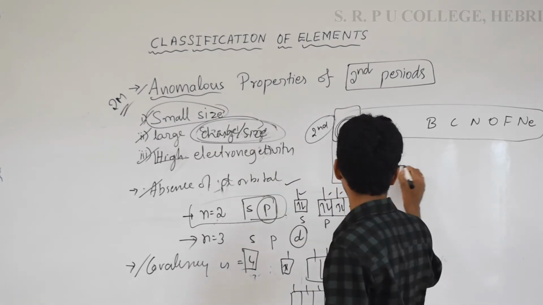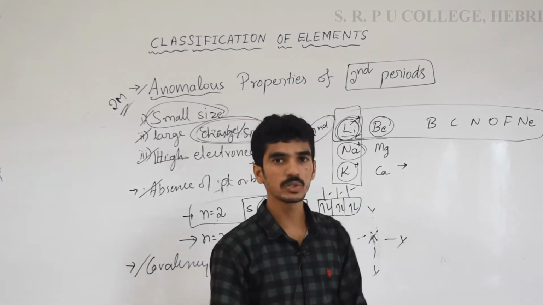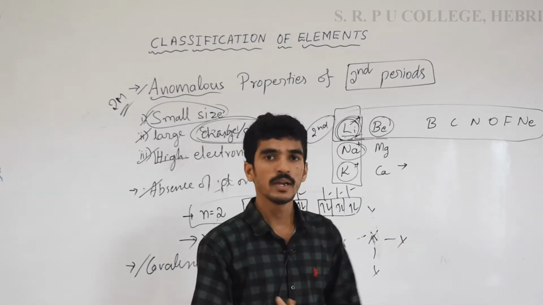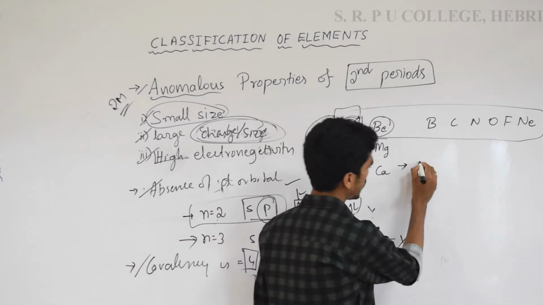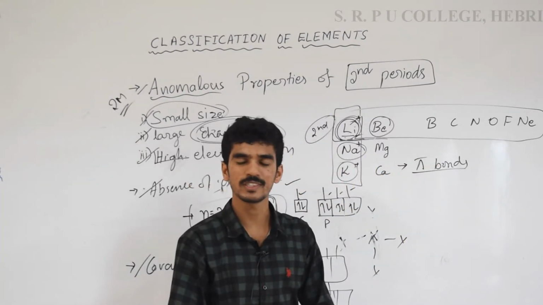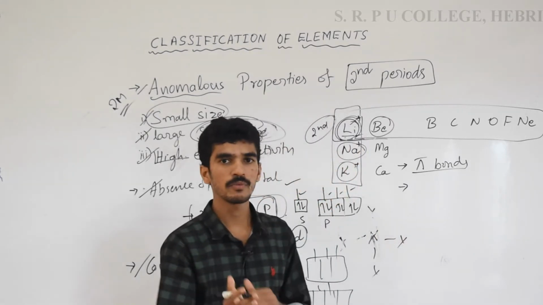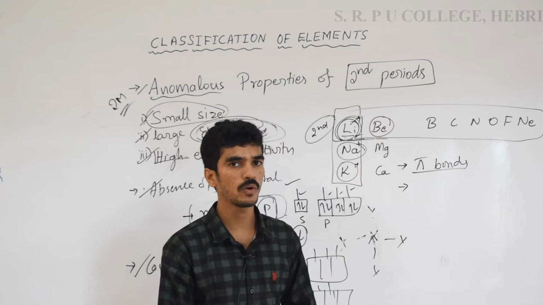Now we'll move to the last point. It will undergo catenation, or it can form pi bonds. I hope you know the concept of pi bonds. What is the meaning of pi bond? How does a pi bond form? By sideways overlapping of p orbitals.